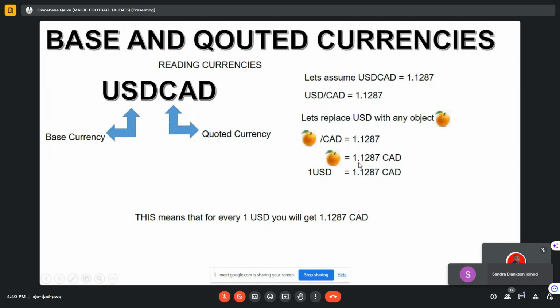So for every $1 US, you will get 1.1287 Canadian dollars. Same with the Ghana cedis against US dollar example: 12 cedis for $1.